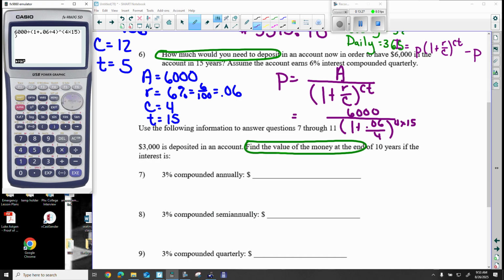I'm going to adjust this just to make sure that I have everything in the right spots. There we go. And so this is going to be 2,455.